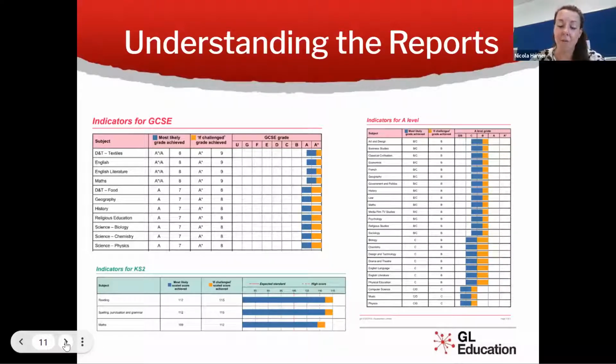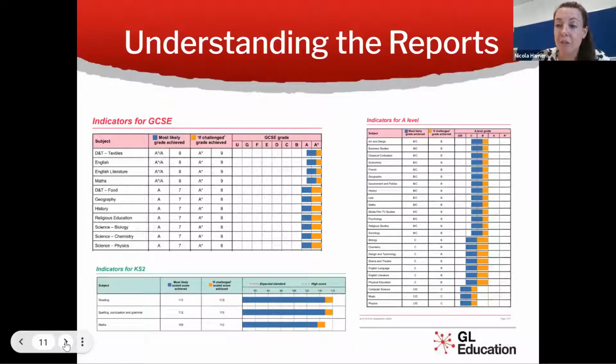And they say, okay, the average child who has got the exact same profile as your child has the probability of getting an 8, for example, in GCSE DT and textiles, and is most likely to get an 8 in English at GCSE.